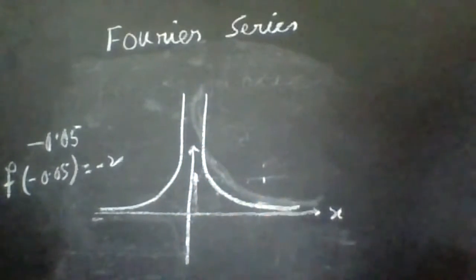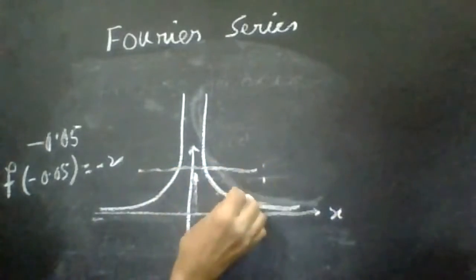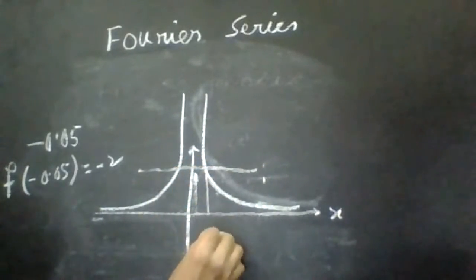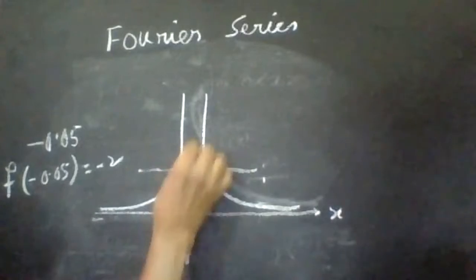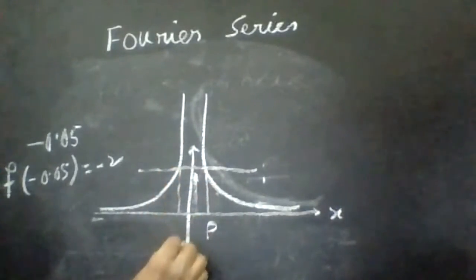This is the case where left hand limit and right hand limit are equal. You can see it here. The point is 0, so it is plus rho, and this is minus rho.